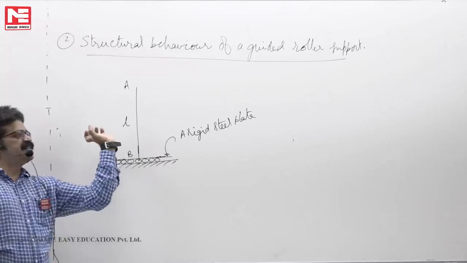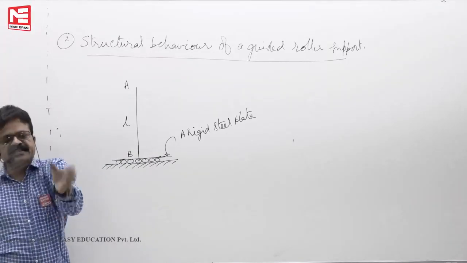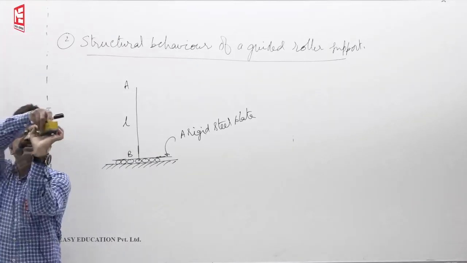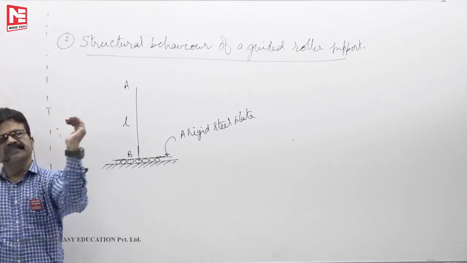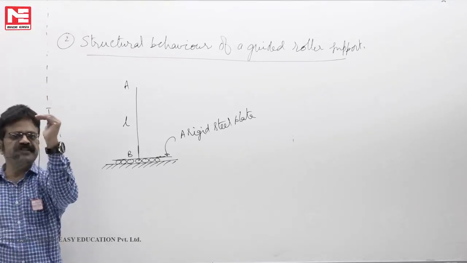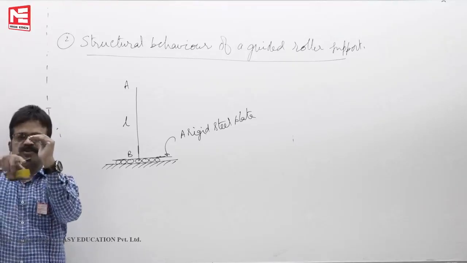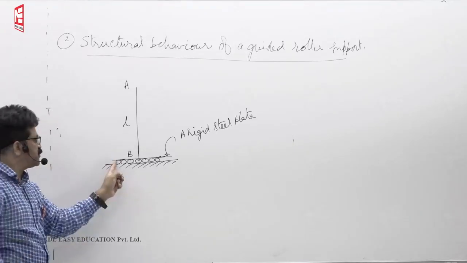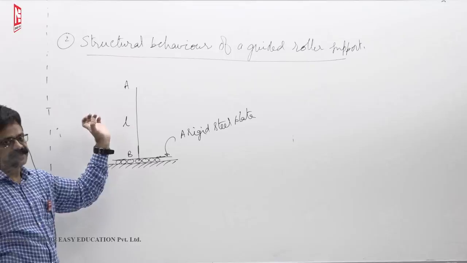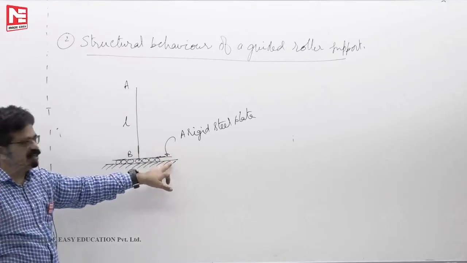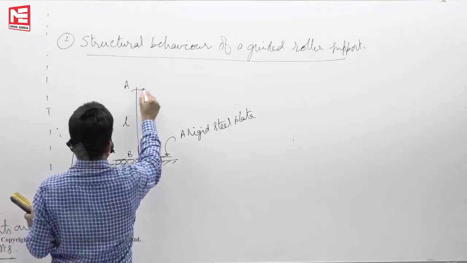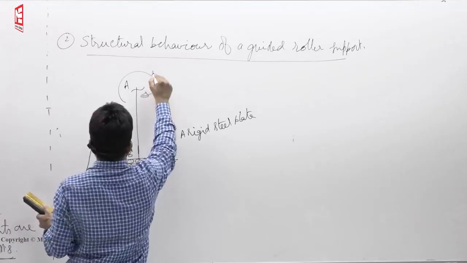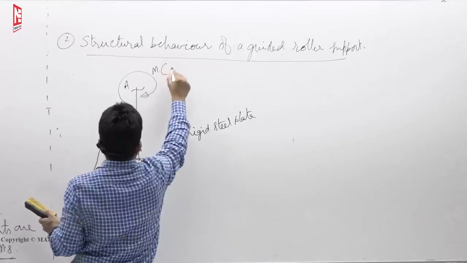Here also same thing. One channel will be, instead of a channel like this, we have a channel like this, plate this way. It cannot go up because the web flange of the channel will stop this upward movement. So this will go and hit the channel flange. Here also the base will be there. Now you see, assume that we are applying a clockwise moment M. This is applied moment.